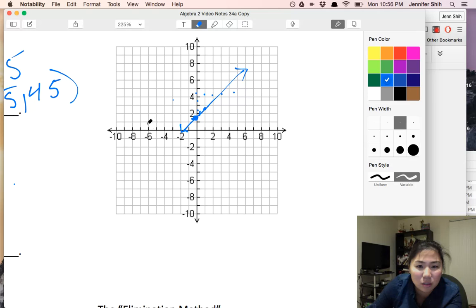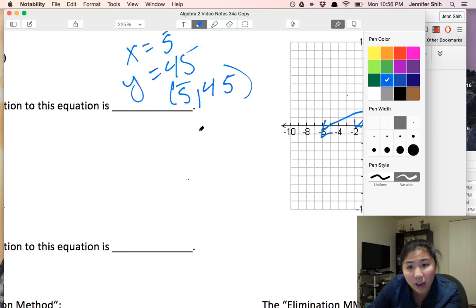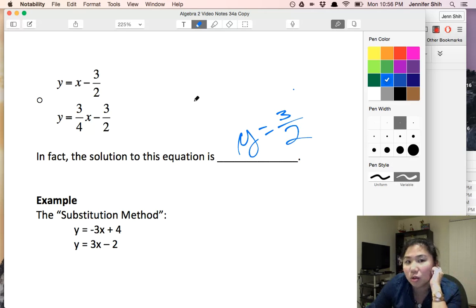It's not super exact, but we do know where they touch. Their y-intercepts were both 3/2, so the solution is when y is equal to 3/2. But there's another way to do this, and we're going to use substitution.